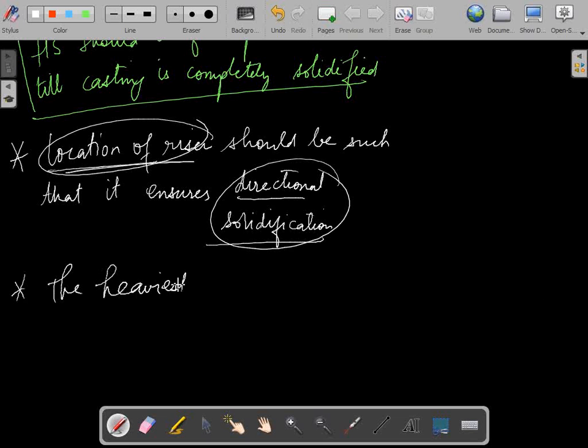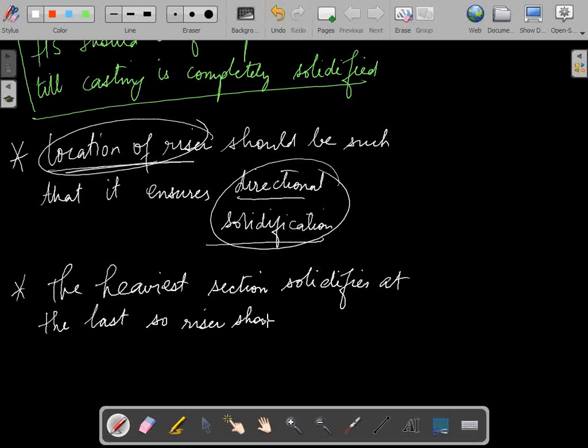Next point, the heaviest section. These points are not in your notes, note them down. The heaviest section solidifies at the last, so the riser should be so located to feed them.